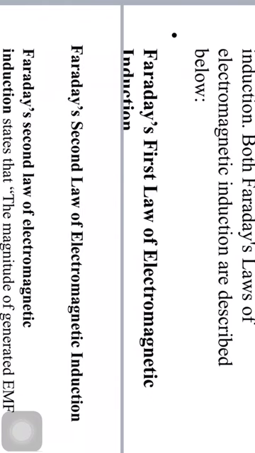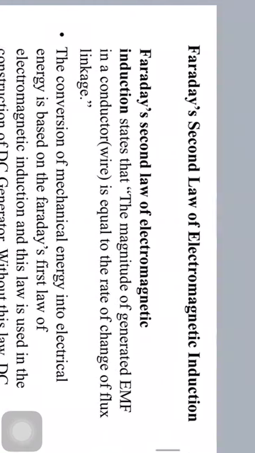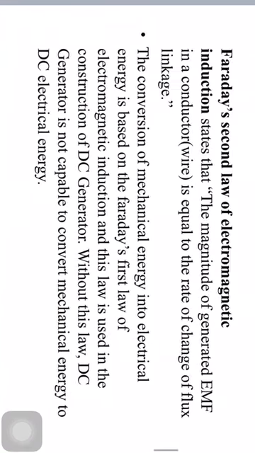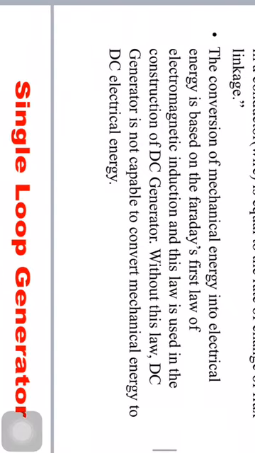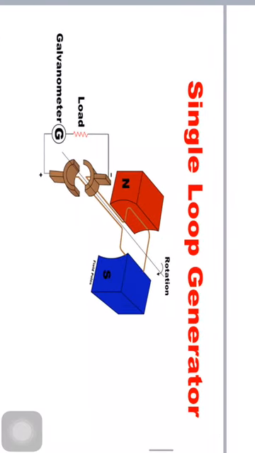So this is a brief introduction of Faraday's first law and second law of electromagnetic induction. And now coming to single loop generator. A single loop generator or simple loop generator is a basic concept of the DC generator.